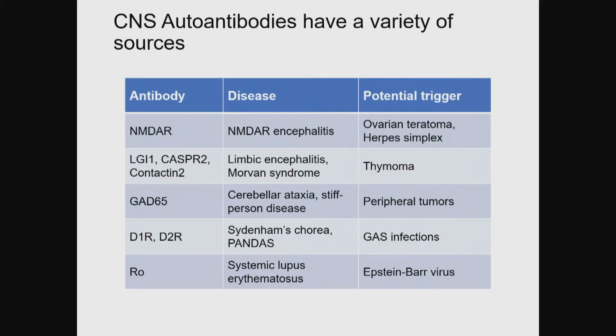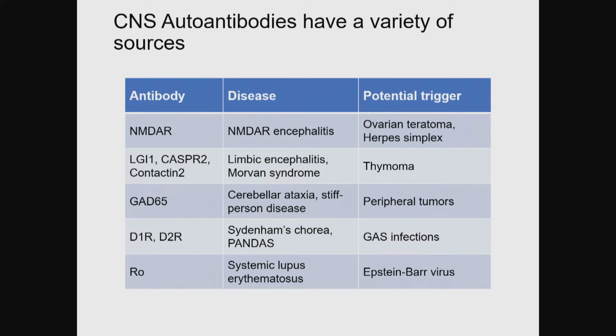So these triggers are very rarely identified, actually. Only in about half of cases are triggers for these autoimmune encephalitides ever identified. And it sort of breaks down into two different classes of triggers. The first of which, as you can appreciate, is tumors. So ovarian teratoma, which is a tumor on the ovary, is very strongly linked to NMDA receptor encephalitis.